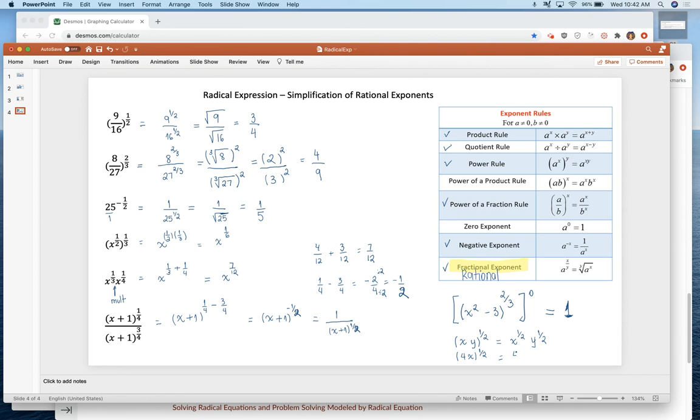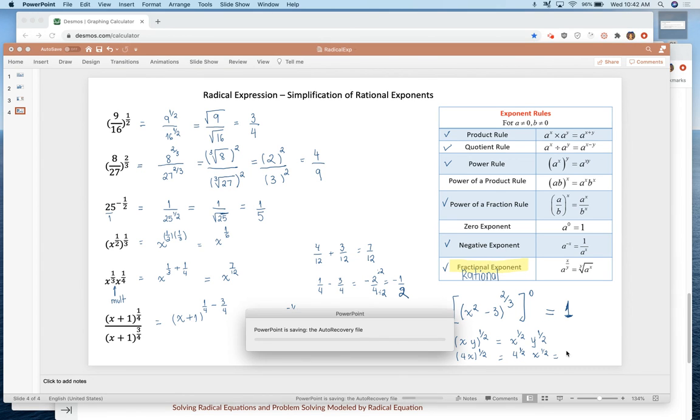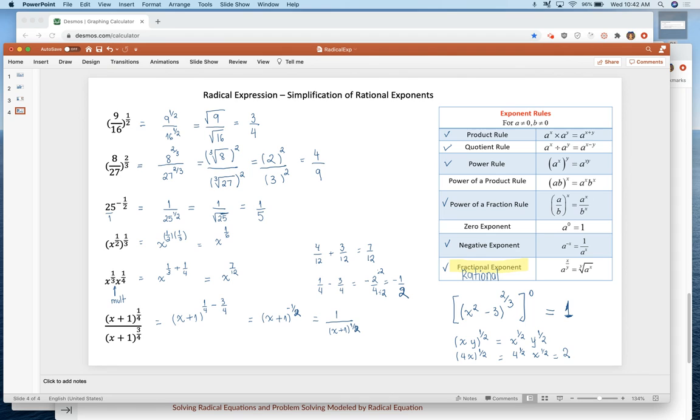You can write 4 to the half and x to the half. Can you do something with the numerical part? Yes, this represents the square root of 4. What is the square root of 4? It is 2. And then you have x to the half. Okay, so this is how you're going to be faced with radical expressions represented as rational exponents. Once you treat those radicals as exponents, you can apply all the exponent rules.